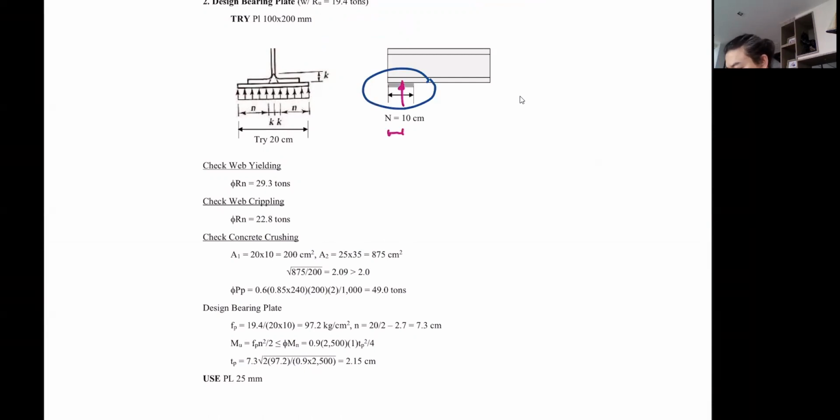Let's call this x equal to 5 centimeter, which is less than the depth of 25 centimeter, and in fact, it's also less than d over 2.